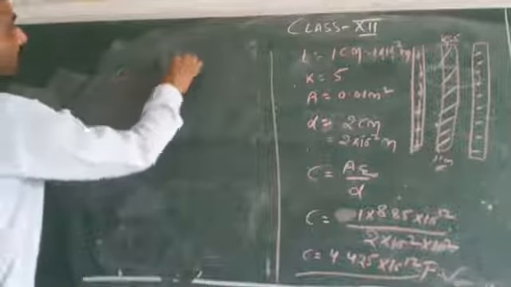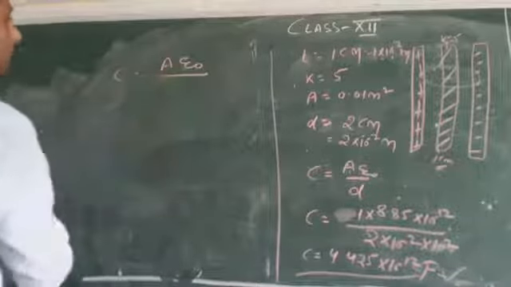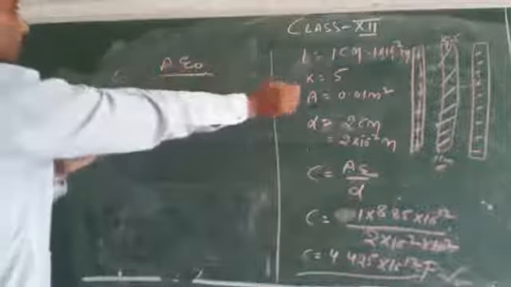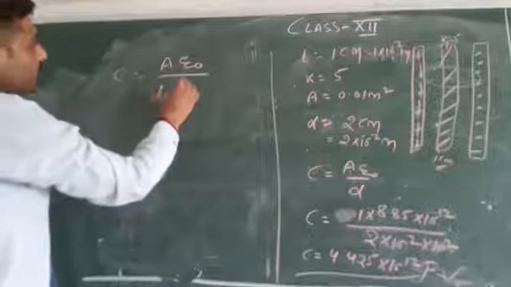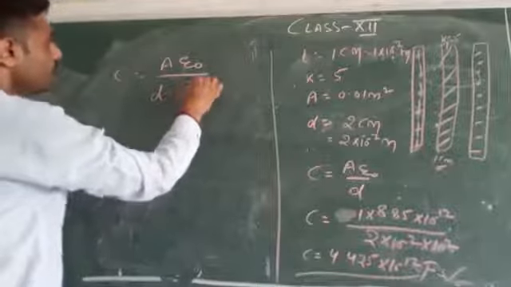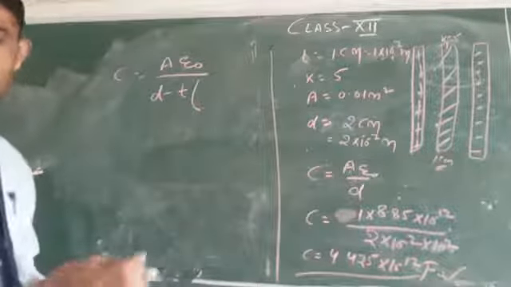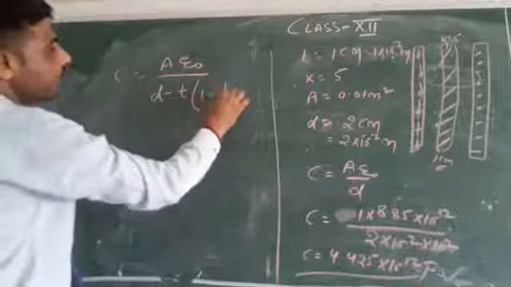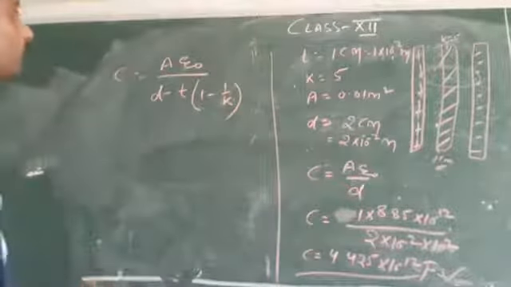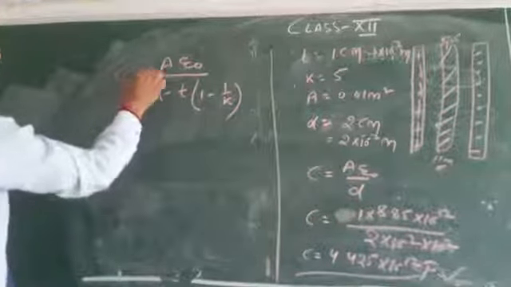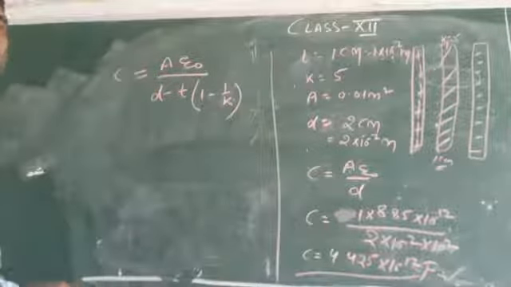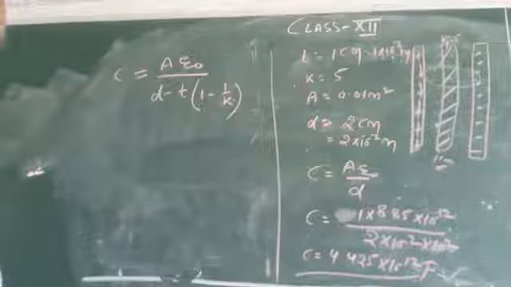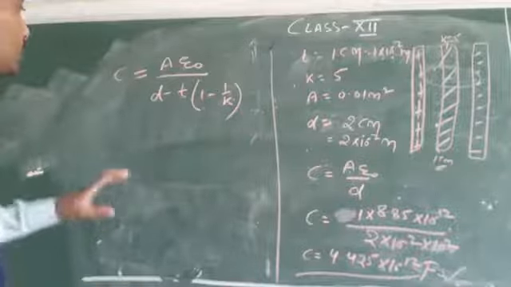As you know the formula, C is equal to A epsilon naught upon d minus t times 1 minus 1 upon K. This is the formula for capacitance when a dielectric slab is introduced between the plates.